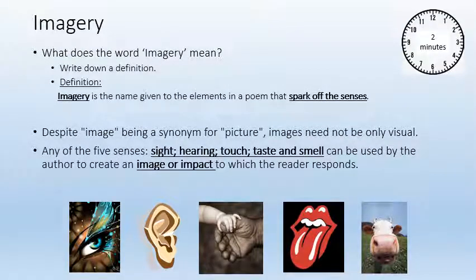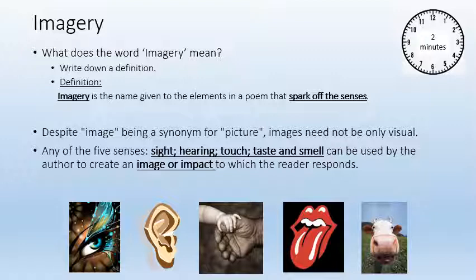We've gone over this a few times in class, what imagery is. So what does the word imagery mean? I want you to write down this definition. I know we've discussed this at length, so you do know it, but it's no harm in writing it down again. Imagery is the name given to the elements in a poem that spark off the senses. So despite image being a synonym for picture, you can say, look at that image on the wall, as well as saying, look at that picture on the wall.